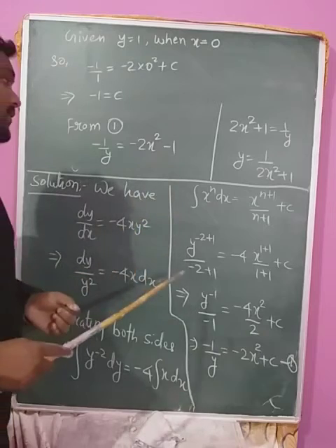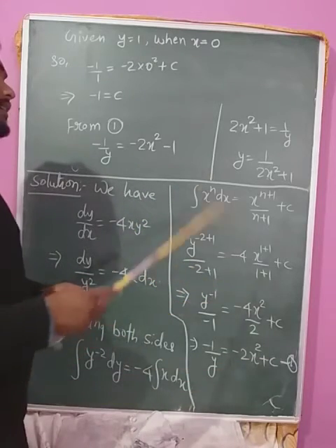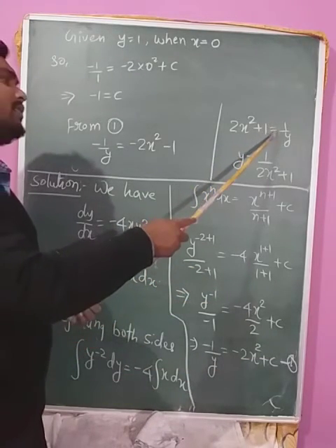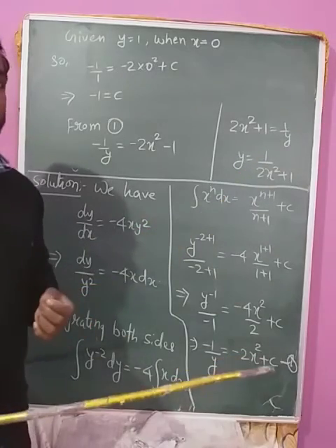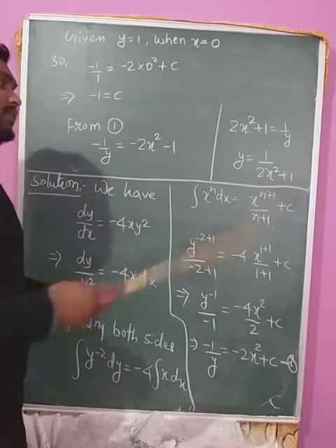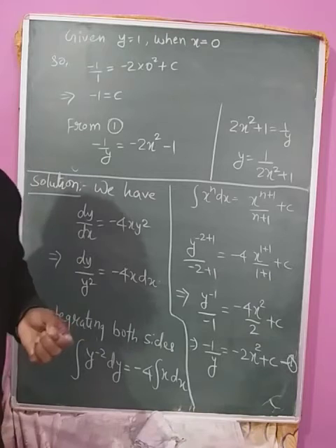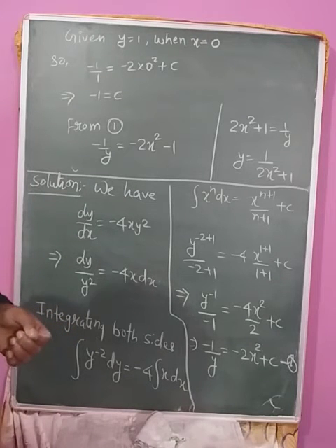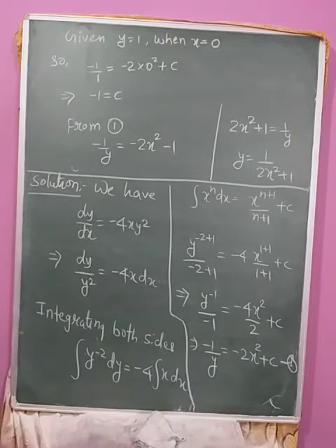Cancelling the negative sign on both sides, we have 2x square plus 1 equal to 1 by y, and the final answer is y equal to 1 by 2x square plus 1, which is the required particular solution of the given differential equation.